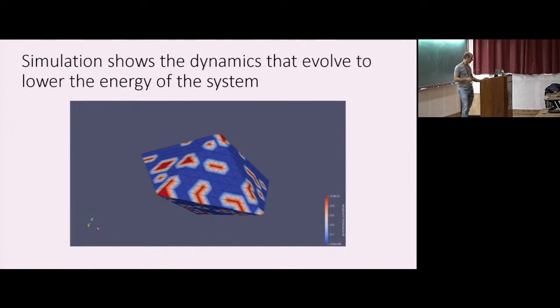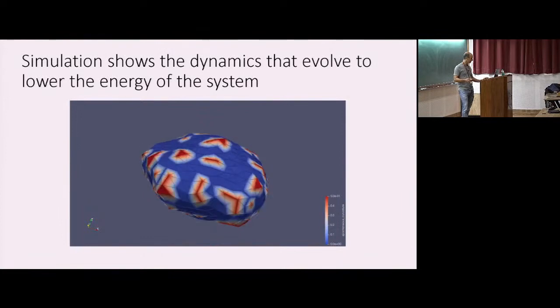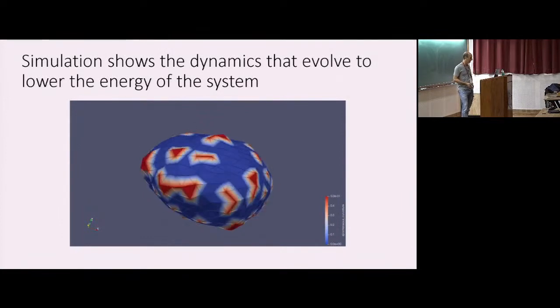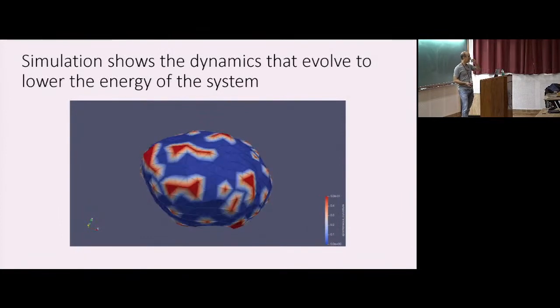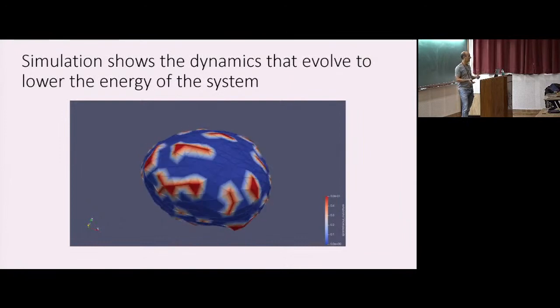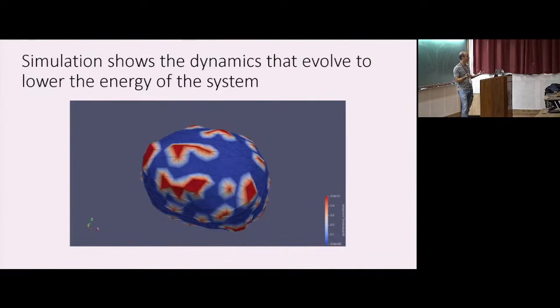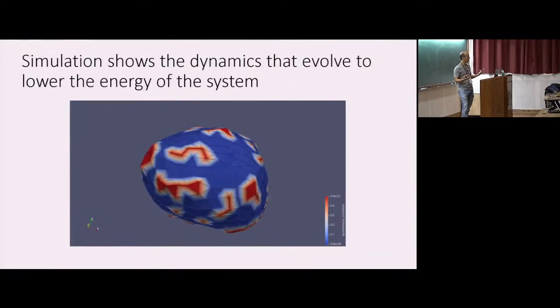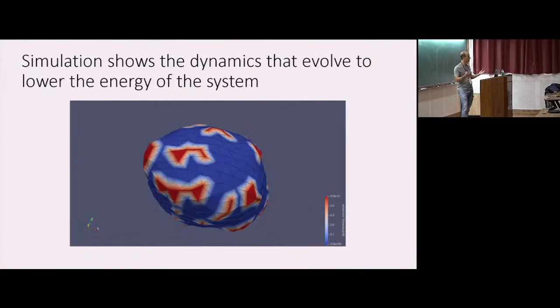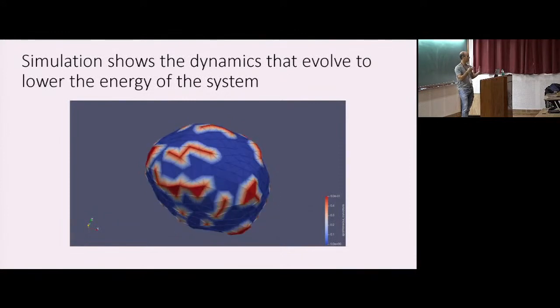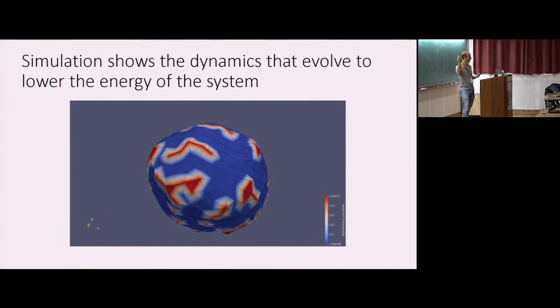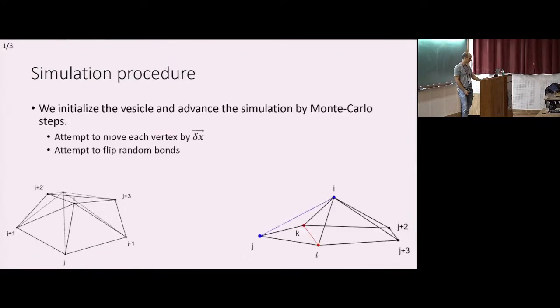For example, the initial conditions can be something that looks like this strange tetrahedron, and then very quickly you see that it assumes a form that minimizes the overall energy. There are also thermal fluctuations here because there is a finite temperature. So each Monte Carlo move is accepted or not accepted by the Boltzmann factor with the temperature. Of course, this is a very low resolution simulation with very few nodes, just to illustrate the way it goes.